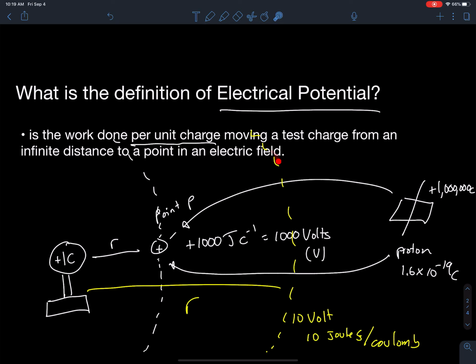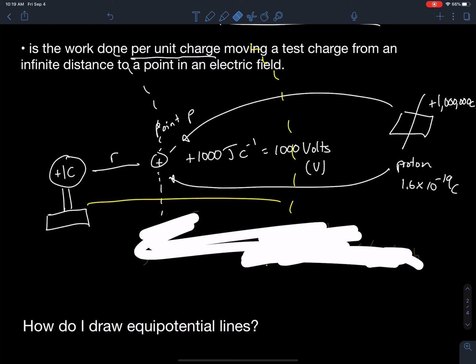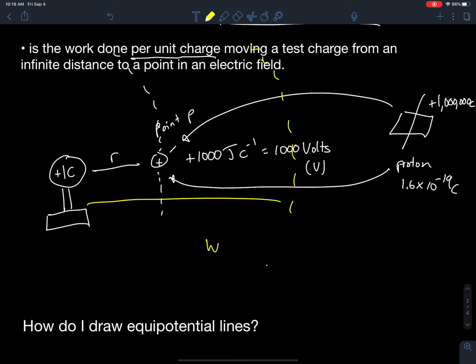So how can I create a formula for electrical potential? Well, using the definition, it's the work done per unit charge of the moving charge. So I'm just going to erase this stuff over here to see if we can come up with the equation. Work, according to the last equation, was Q1 Q2 over R. So in order to turn this formula into the definition for electrical potential, I've got to get it to joules per coulomb.